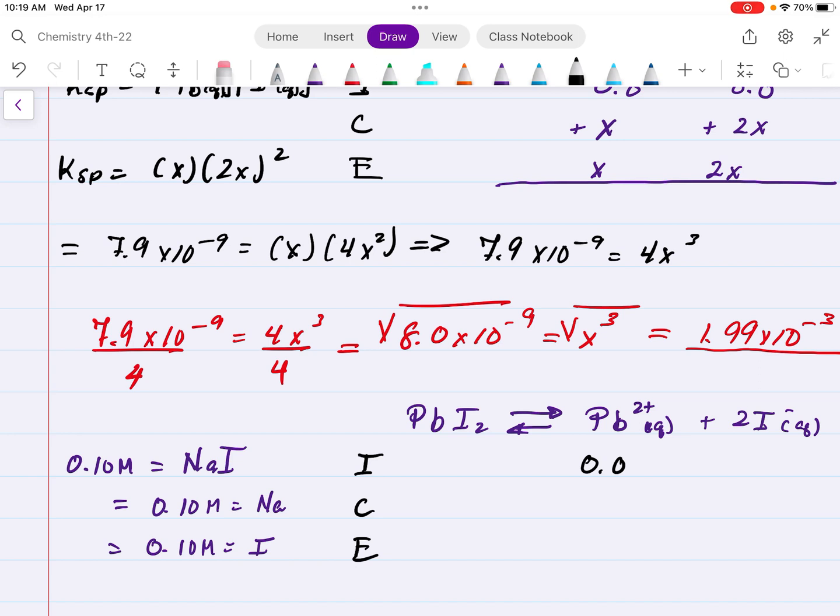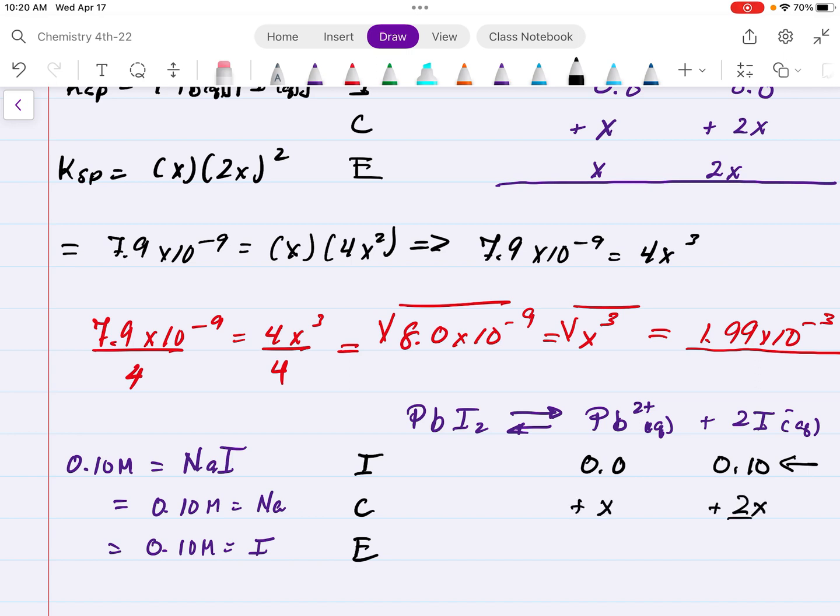So here, we're going to include the 0.10 of the iodide from the common ion. Okay, so this is going to be in addition to whatever iodine is in the solution from the lead iodide. So this is where it changes right here. We're going to add this to the initial. Now, the change, everything else should stay the same. So this is going to be plus X, and this is going to be plus 2X.